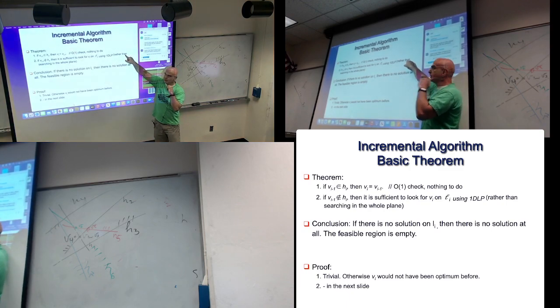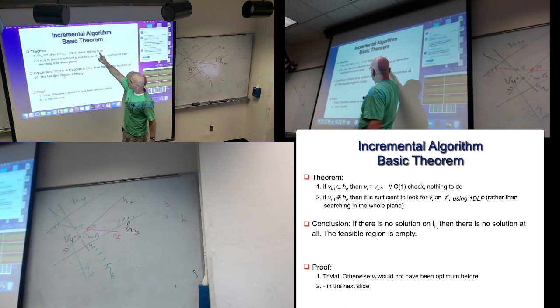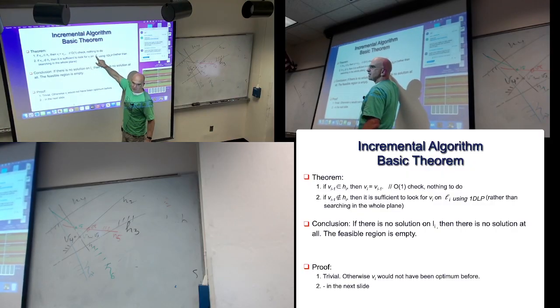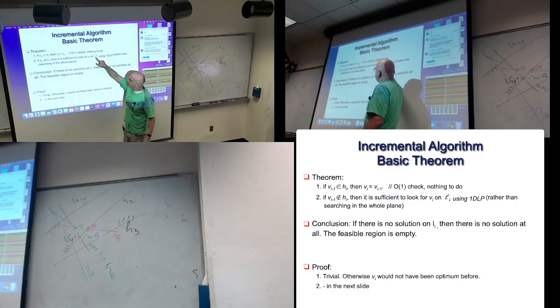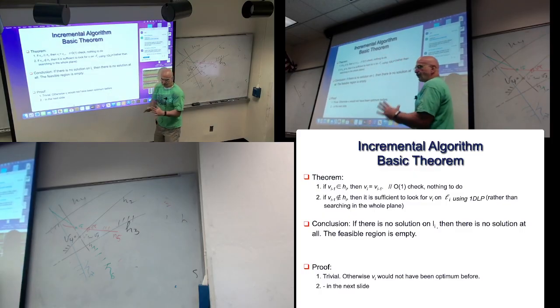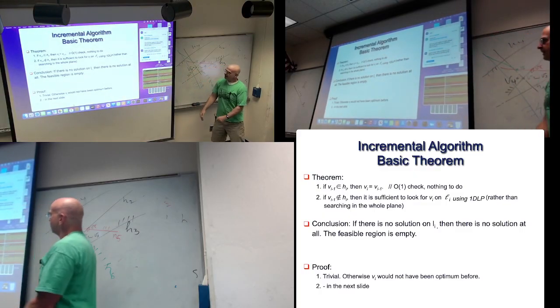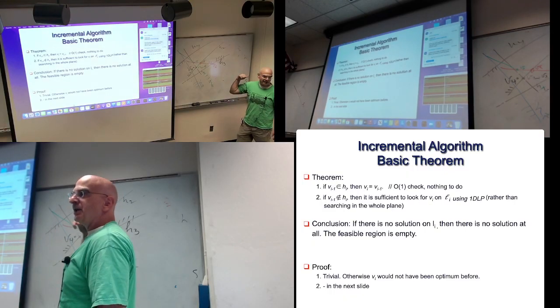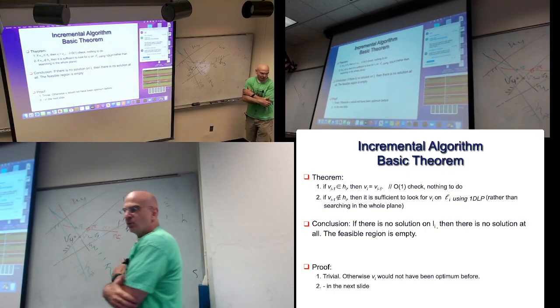The new solution must be, and there are figures coming, not just in Hi, because it needs to be in all the Hj's, all the half planes, but on the border of Hi. So look for a solution only on the boundary of the new half plane. Use the one-dimensional linear programming that we saw a few slides ago for this problem.